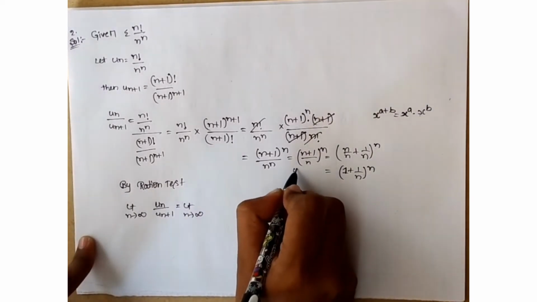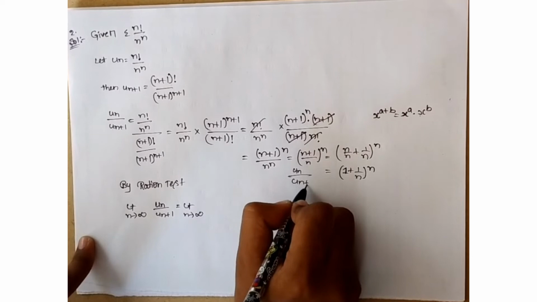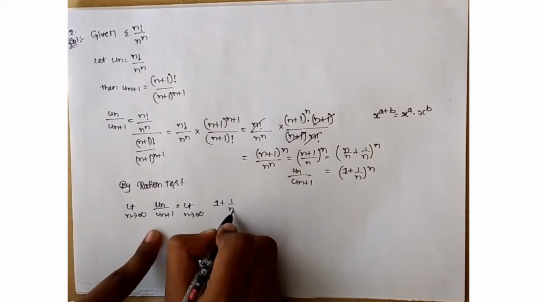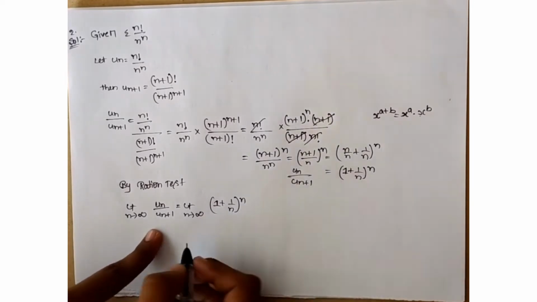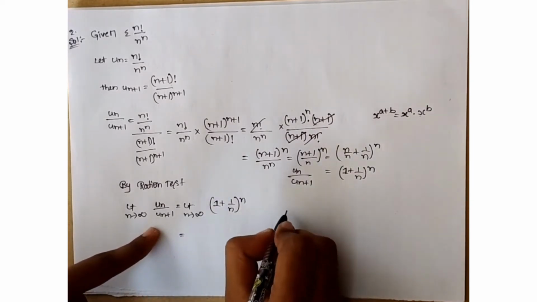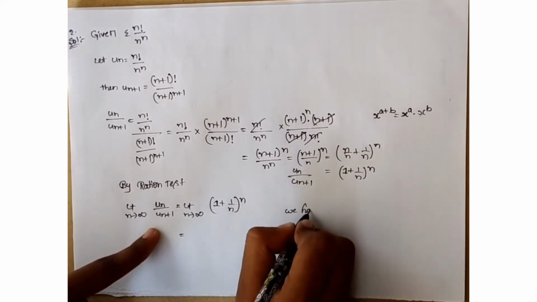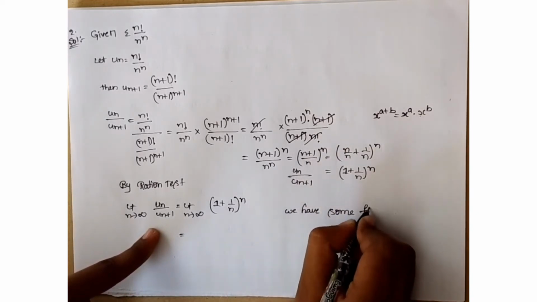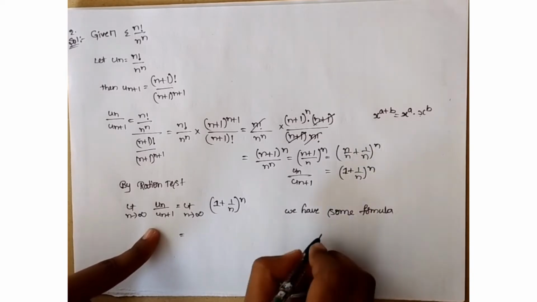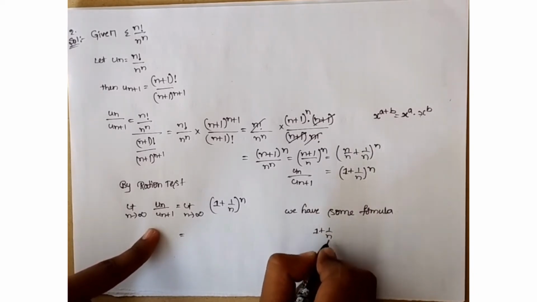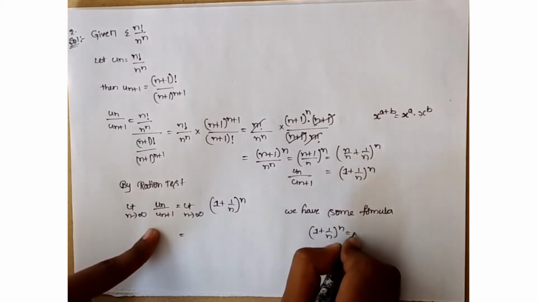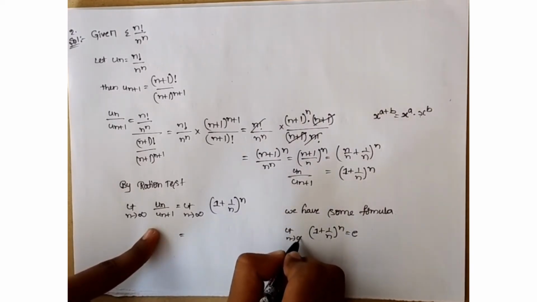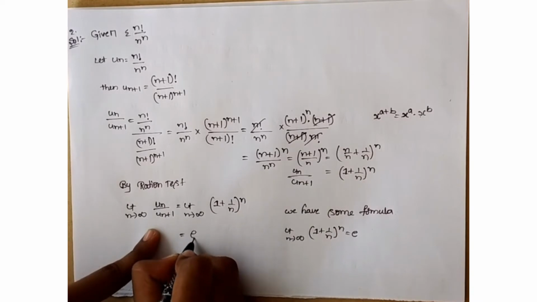This is the required value for Un by Un plus 1, that equals 1 plus 1 by n whole power n. Here we have a formula: 1 plus 1 by n whole power n equals e, limit n tends to infinity. So here we write it as e.